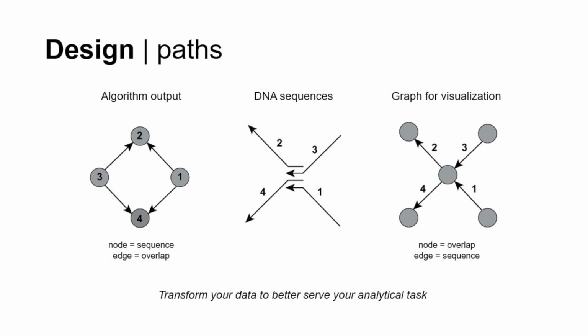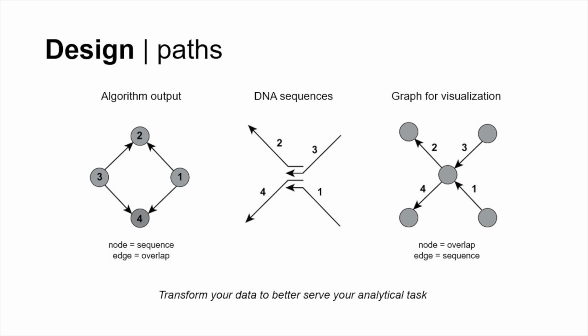You have to do a little bit of mental gymnastics to see that all 4 of those sequences share an overlap. And so the first thing that I did was to transform the output of the algorithm to match what was much more cognitively easy to understand, right? I want to go from 1 to 4. I just want to follow a path of sequences.